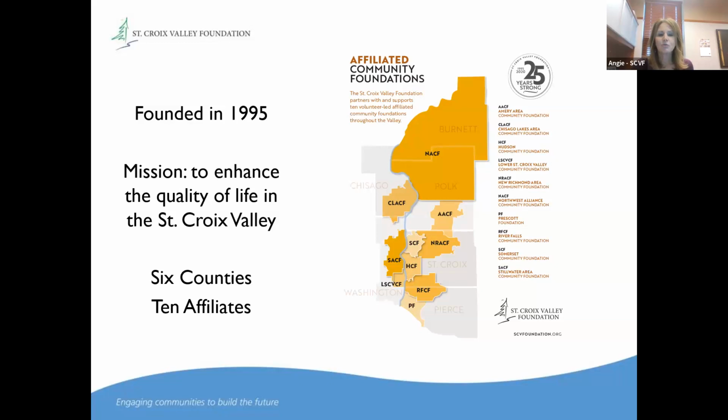So again, a grounding in St. Croix Valley Foundation. So taking it from that broader, what is a community foundation, to more, okay, so what is the St. Croix Valley Foundation? We were founded back in 1995. I'm not sure if you've all heard the story of how that happened. The story is that a very large estate gift from one of the Anderson executives, at least this is a story I heard, left the Valley and went to the St. Paul Foundation.